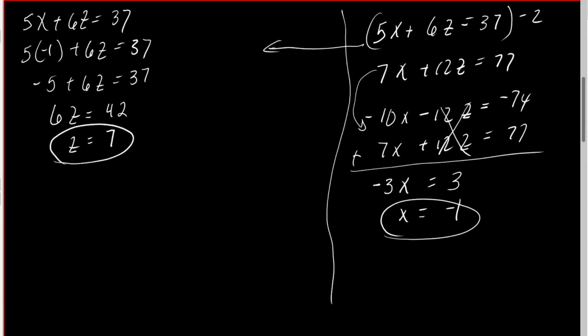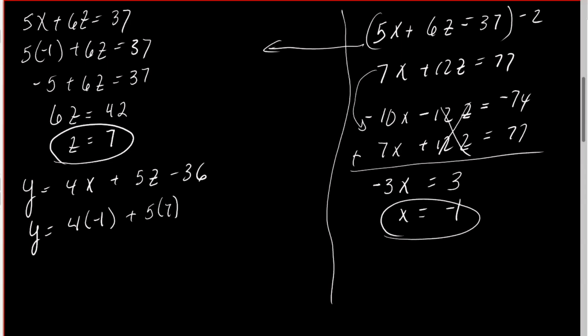All right, now we have 2 of our 3 variables, so now we need to solve for y. And I'm going to go back to our equation where we had y equals 4x plus 5z minus 36. So I'll substitute my x and z into this equation. So y is equal to 4 times x, which is negative 1, plus 5 times z, which is 7, minus 36.